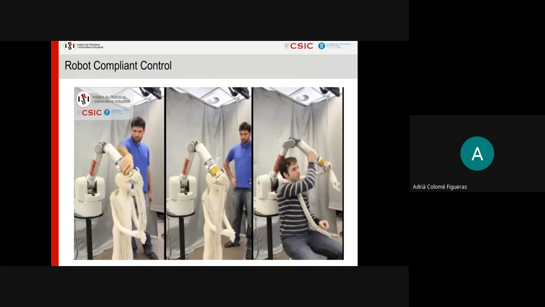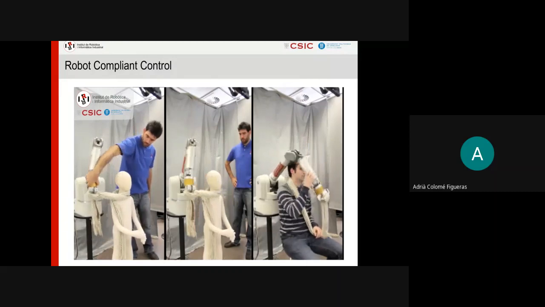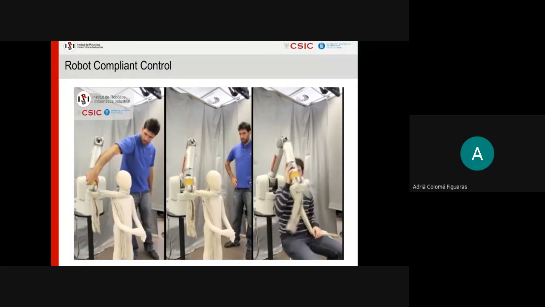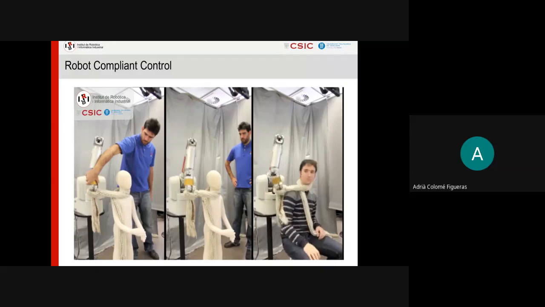This requires some additional safety features, like limiting all the torques that we apply, and making the trajectory time of the robot dependent on the error. So if the error is too large because someone is pulling the robot, then the trajectory will slow down. And also, for example, preventing the backlash that I was talking about before.